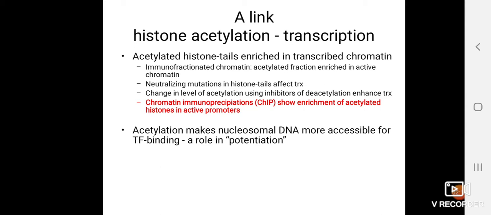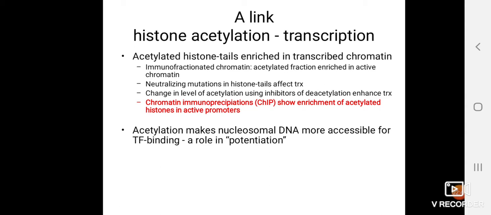People have confirmed this using different experiments, such as the chromatin immunoprecipitation experiment, and also neutralizing mutations on the histone tails, wherein they removed these acetylating amino acids from the histone, which can lead to a decrease in the transcription rate.